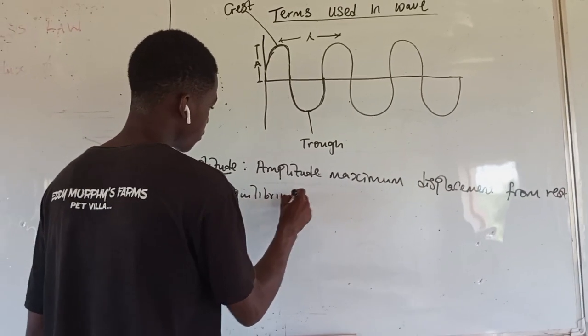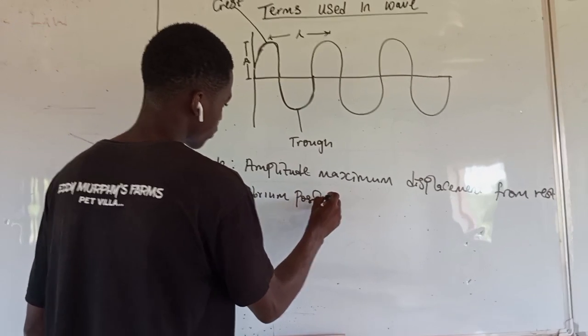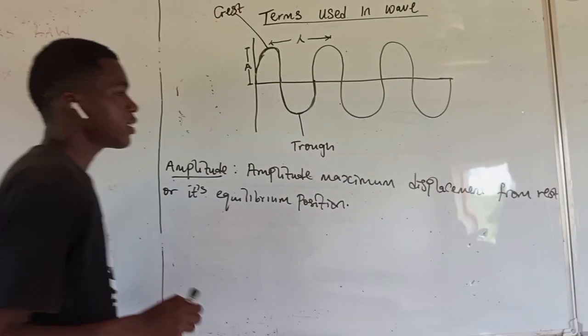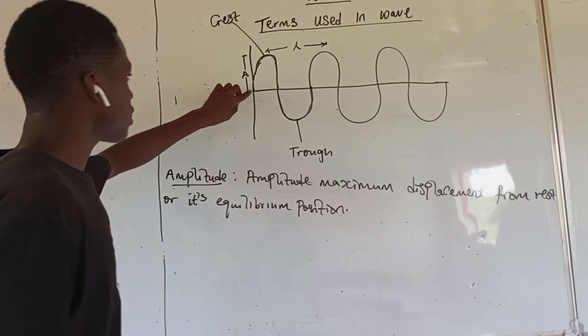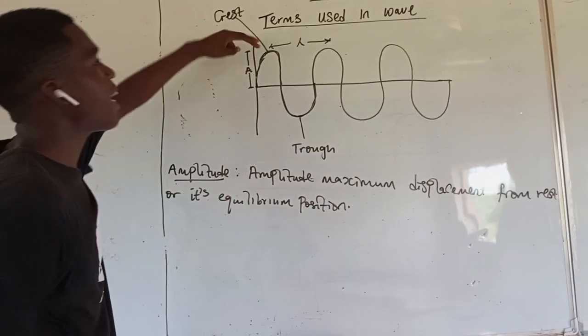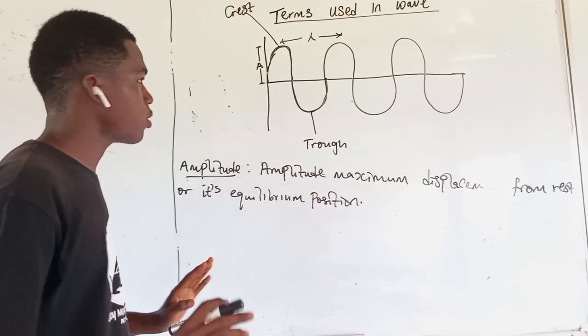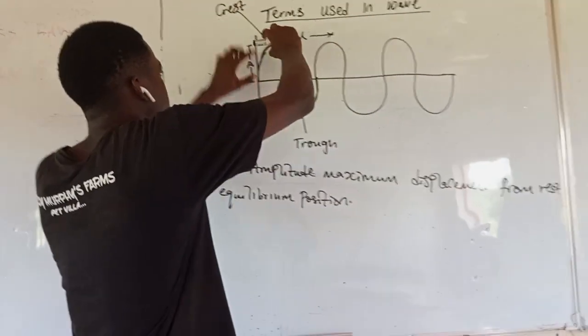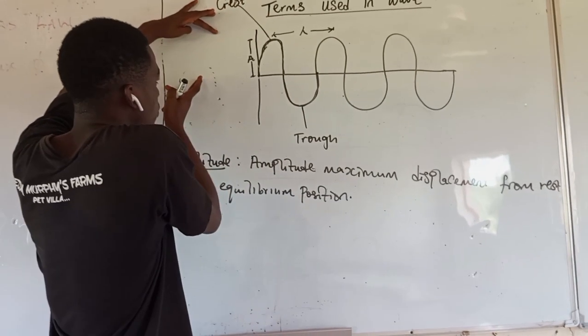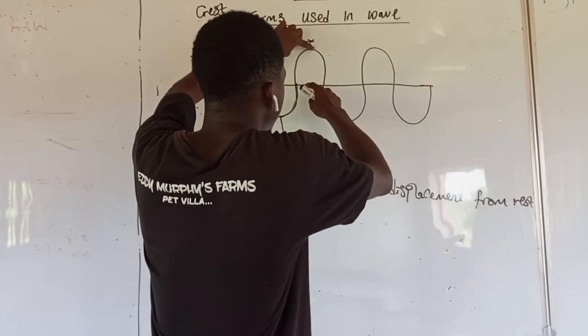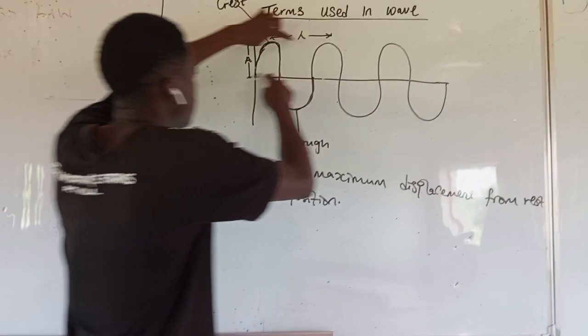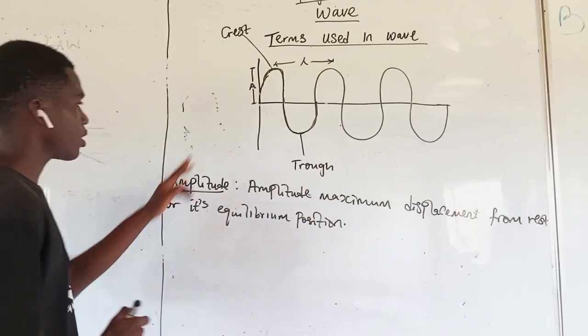Or you can say it is the distance from the point of rest to the highest point of oscillation of the wave. So the distance from here to here is amplitude. From here to here is amplitude. The distance is the same, represented by A.